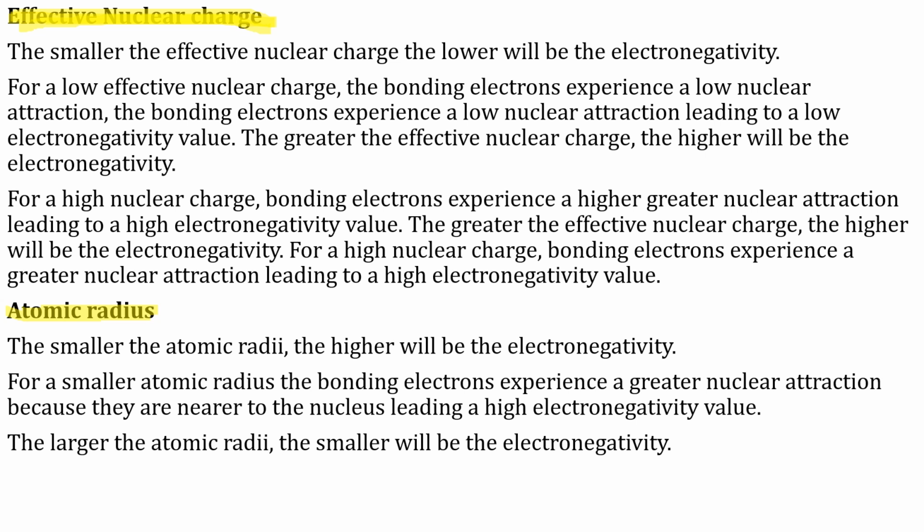That's why we say the smaller the atomic radius, the higher the electronegativity. For a smaller atomic radius, the bonding electrons experience a greater nuclear attraction because they are nearer to the nucleus, leading to a high electronegativity value. The larger the atomic radius, the smaller the electronegativity.